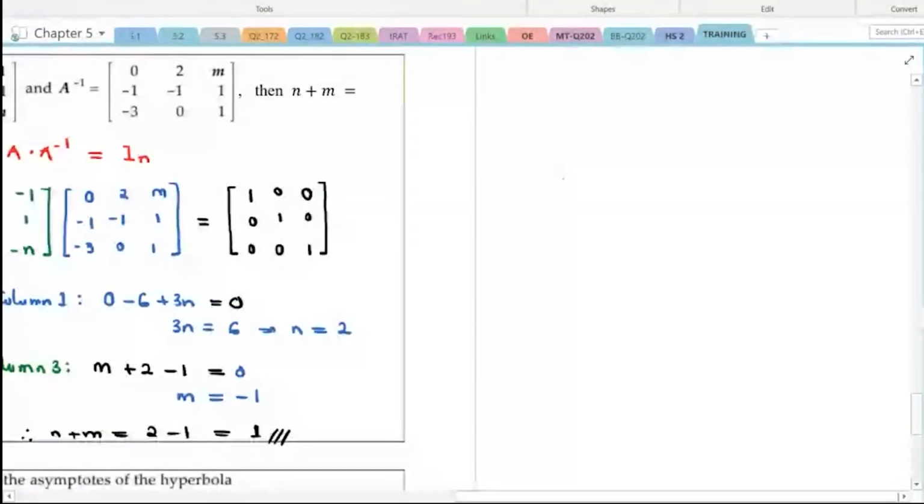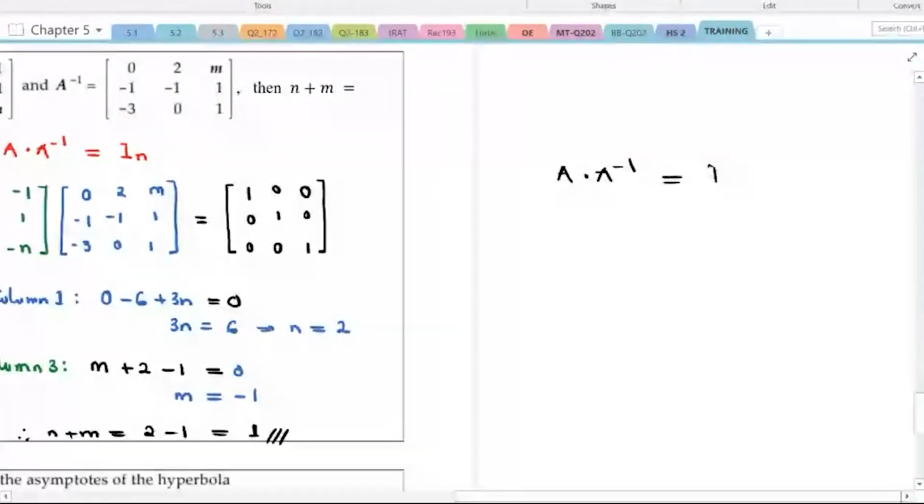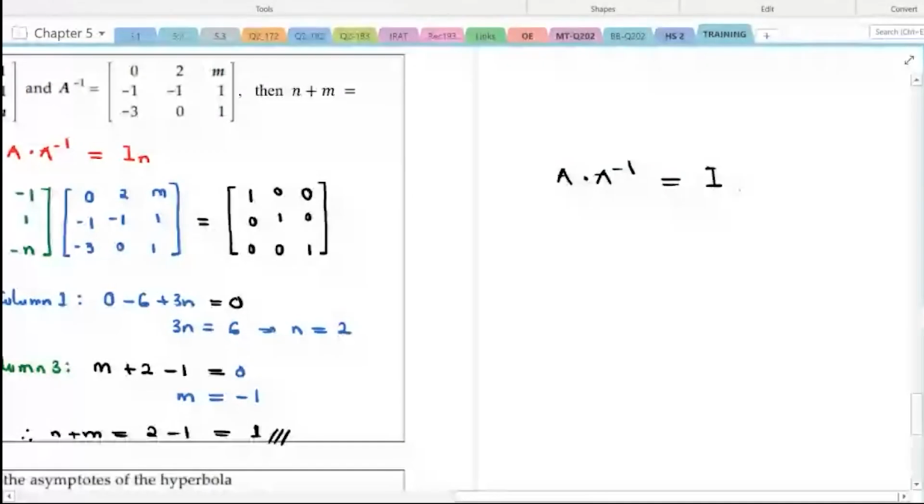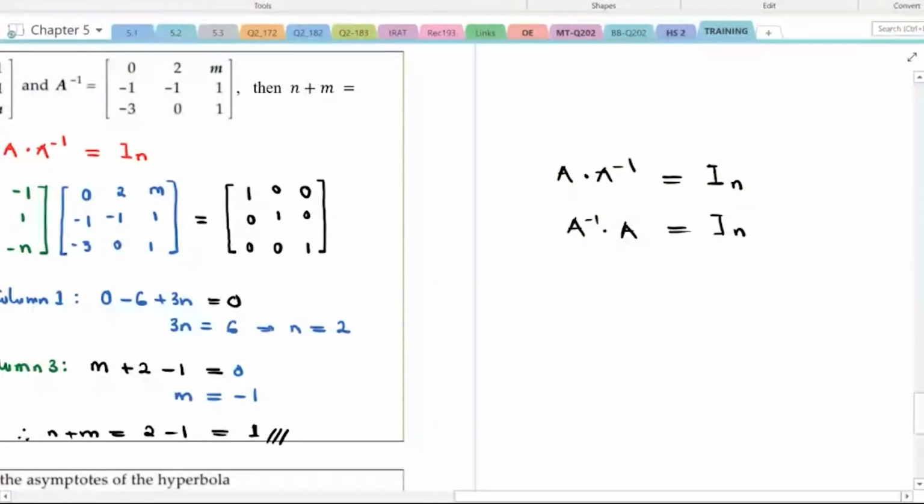We say A multiplied by A inverse is equal to identity of order n, and also A inverse multiplied by A, and the result is also identity. Whichever you do, you get the same answer. If you multiply them and you have a different answer, then the question is wrong. Is that clear? Okay, gentlemen, let us proceed.